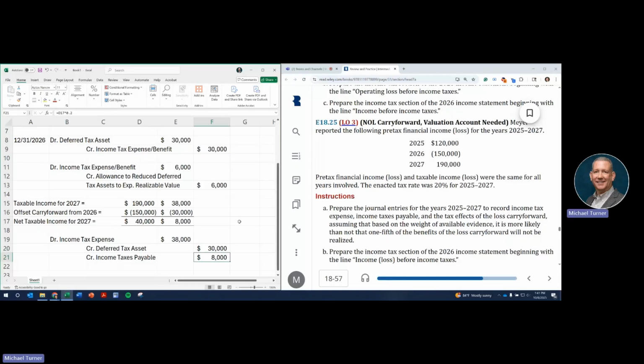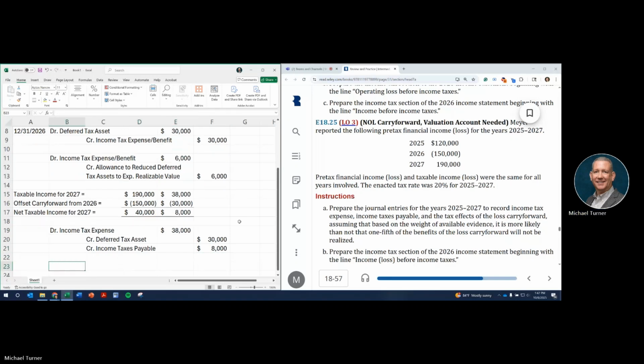Now, what we also have to do is consider that there was that allowance that reduced the deferred tax asset. We're also using that this year. So for that journal entry from the previous year, we did use the entire carry forward, so that valuation allowance also needs to be reconciled to zero.